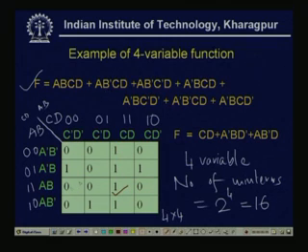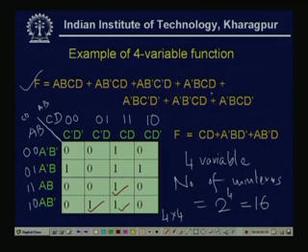See a, b dash, c, d: a, b dash means the 4th row and c, d is the 3rd column. Now a, b dash, c dash, d: again a, b dash means the 4th row and c dash, d is the 2nd column. So this will be the thing.